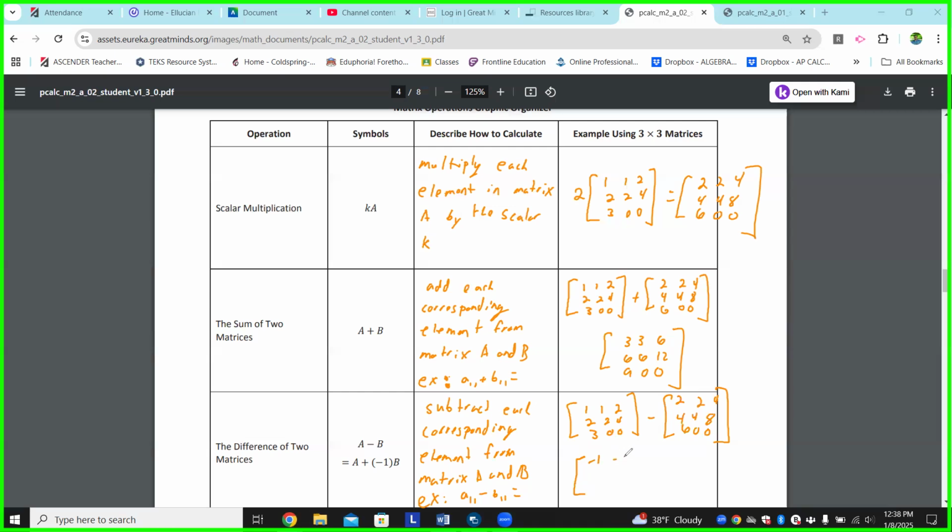Keep going. Perfect. So I did take the original one and change all the signs, but that's not how it always works. That's just the example that we get. Any questions? Awesome.